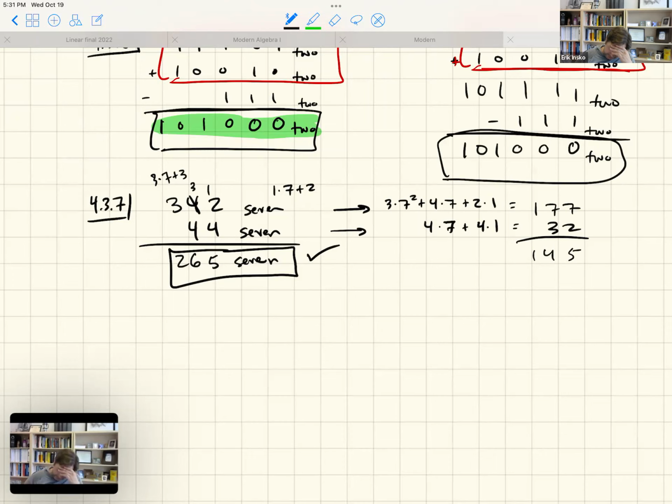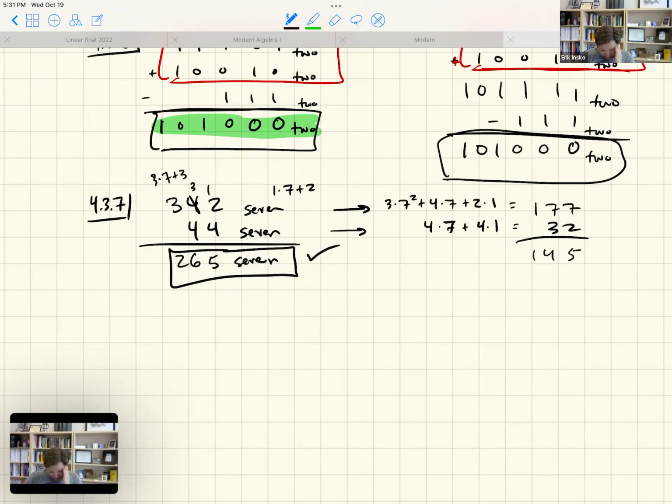What is that base 7? I don't know if I did that right or not. Yeah, maybe. So we're going 5 times 1.